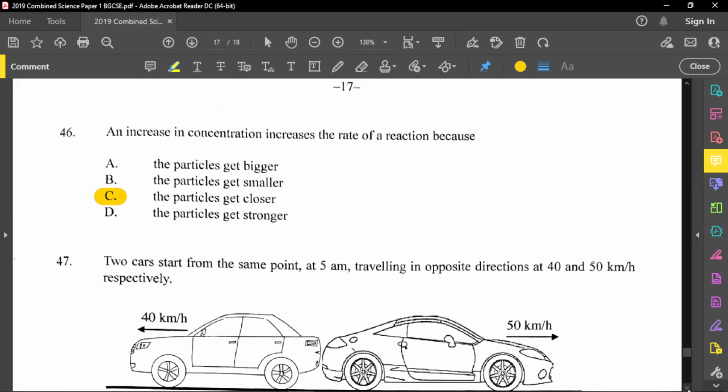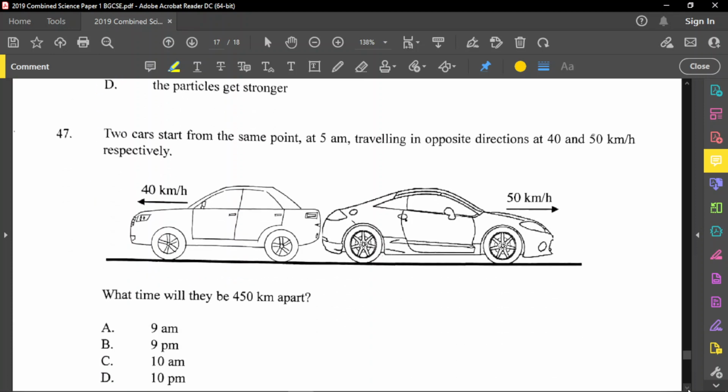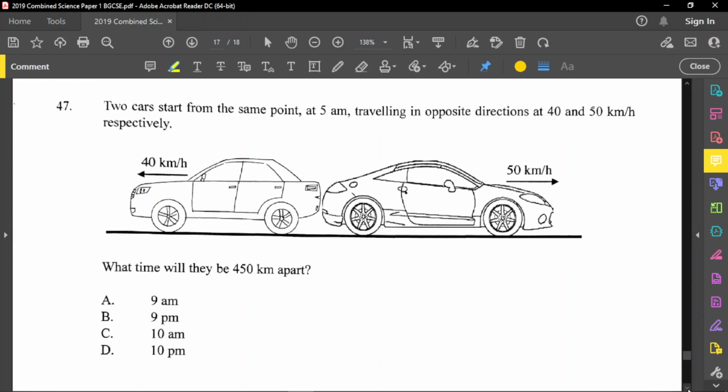Now for question number 47: two cars start from the same point at 5 a.m., traveling in opposite directions at 40 and 50 kilometers per hour respectively, as shown in the diagram. What time will they be 450 kilometers apart?